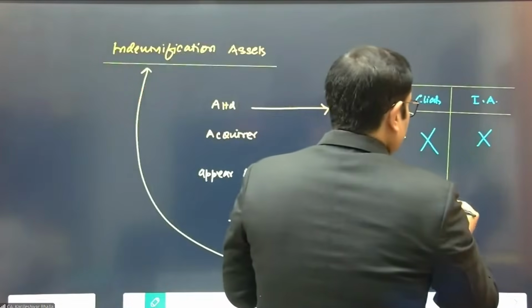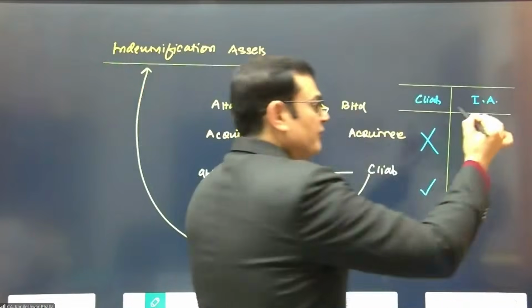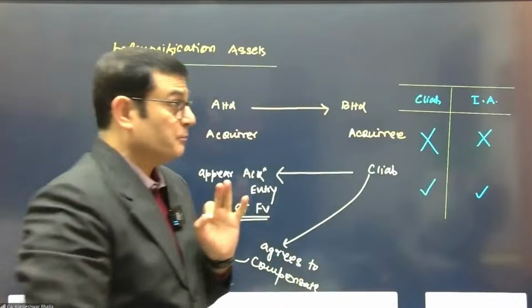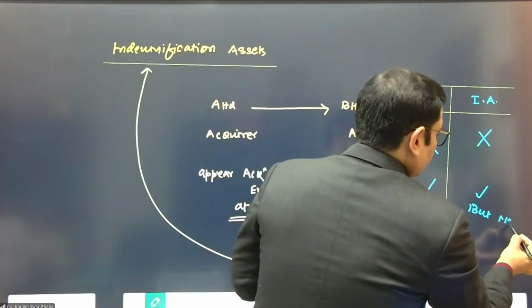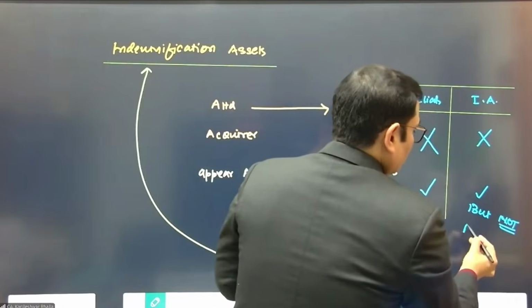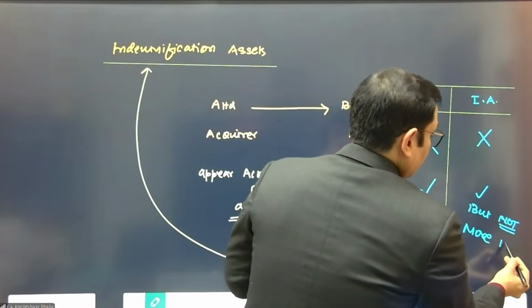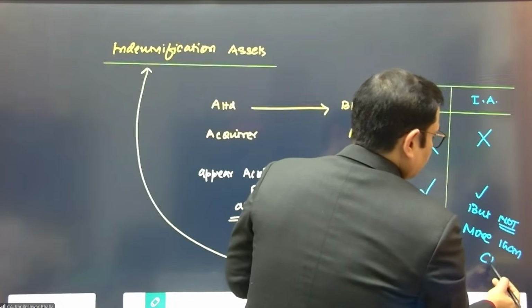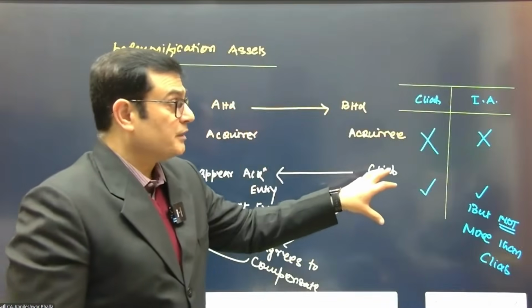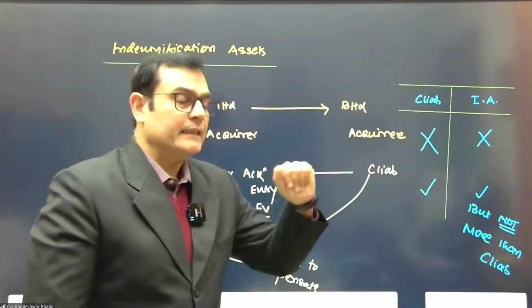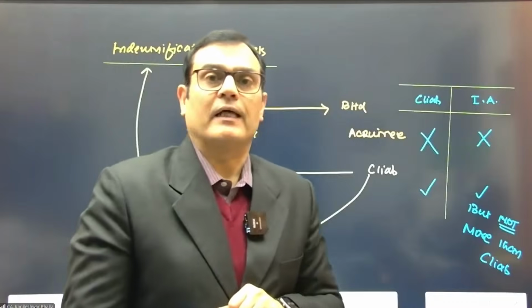If the contingent liability is captured, the indemnification asset can also be captured, but not more than the contingent liability figure. If you record the contingent liability at 5 lakhs, the indemnification asset cannot exceed 5 lakh.